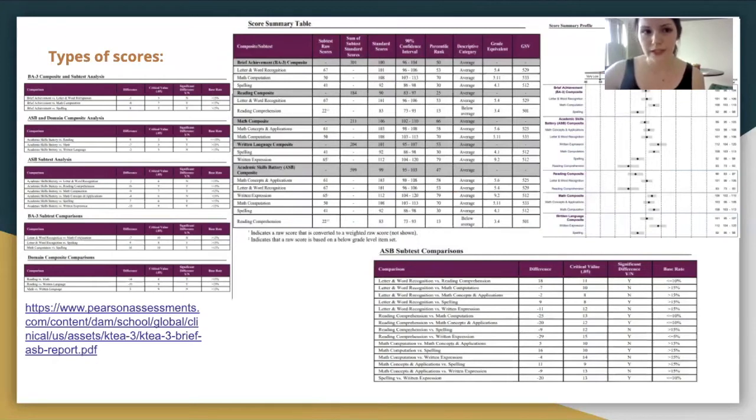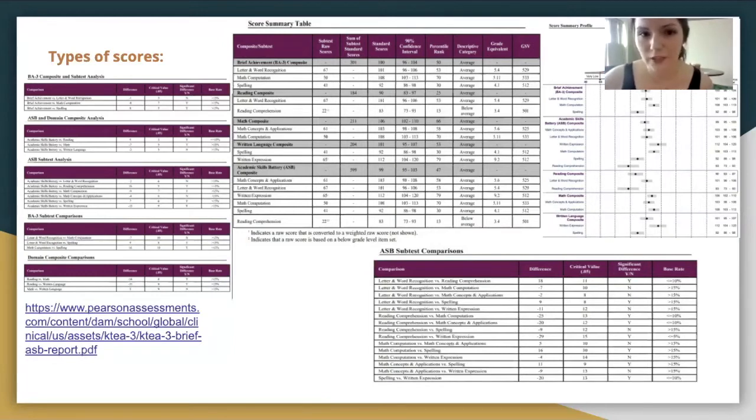We can see a score summary table where we can see each composite, such as brief achievement, and there are 3 subtests: letter and word recognition, math computation, and spelling, and also academic skills battery with math concepts and application, written expression, and reading comprehension. So all these combined, or we can see it separately.